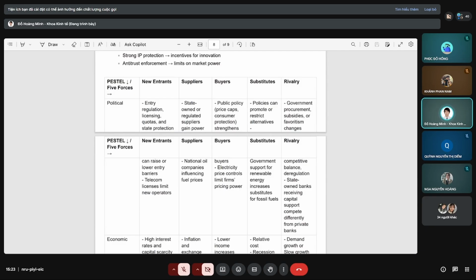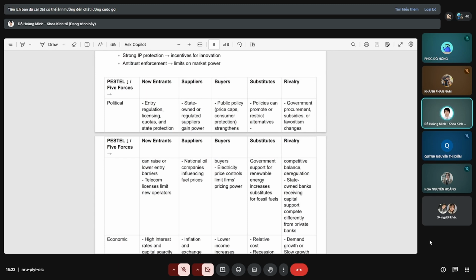So I move to the second force, supplier power. How political factors can influence the strength of suppliers. The political factors may strengthen or weaken the suppliers.